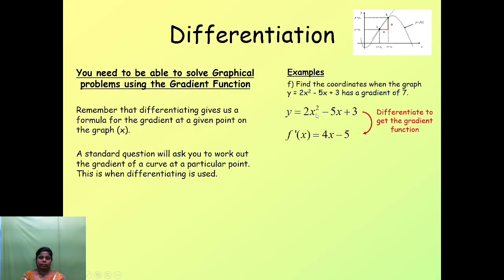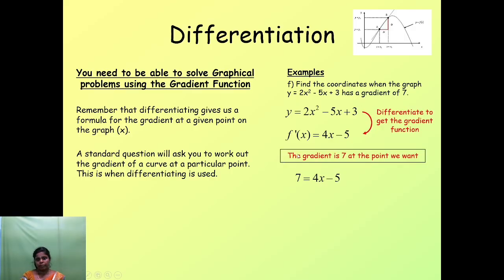The first derivative of x square is 2x. So 2 into 2, 4, minus 5. Differentiation of x is 1 and differentiation of 3 is 0. So we get f dash of x is 4x minus 5.